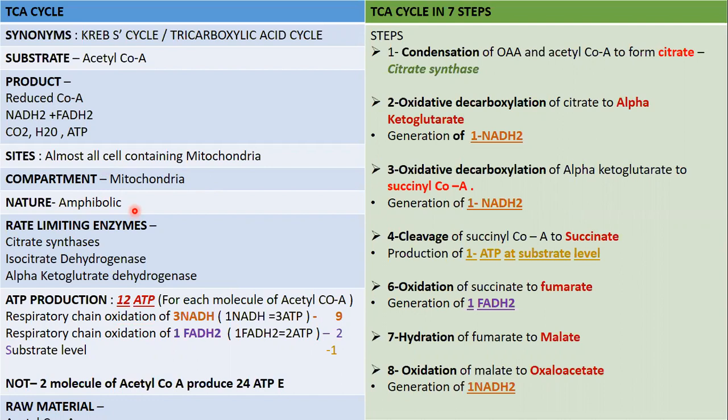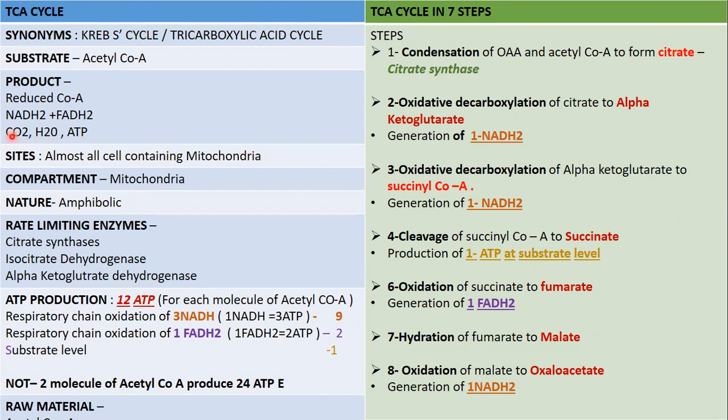When the examiner asks how you can distinguish that the TCA cycle has both a catabolic role and an anabolic role, when we are concerned about the catabolic role, just write down this point: the TCA cycle is clearly catabolic because here acetyl-CoA is oxidized to produce ATP and carbon dioxide.